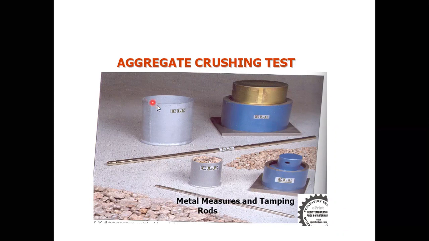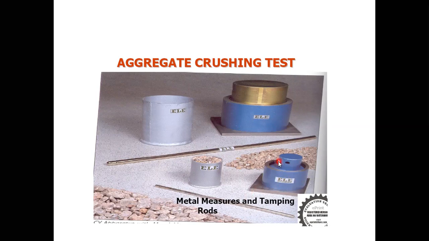In this one, you pour in 3 layers: pour one layer, give 25 blows, another 25 blows, third layer 25 blows. Once you are done with all 3 layers, you can see the base plate is there. On top of this you place a plunger, okay? And you place this into a crushing machine, okay?